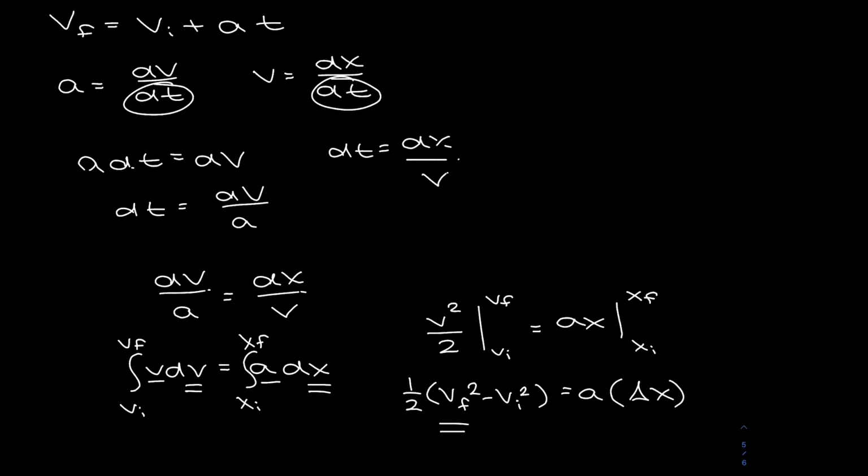So we are left with velocity final squared minus velocity initial squared is equal to 2a delta x. And let's go ahead and simplify that final answer and write it up top here. We get velocity final squared is equal to the velocity initial squared plus 2 times the acceleration times delta x. And if we go back to the start of the video, that is the third kinematic equation.